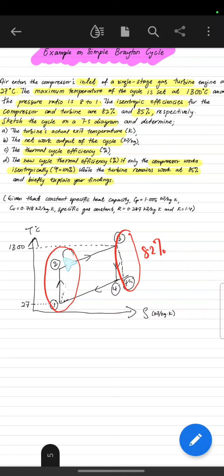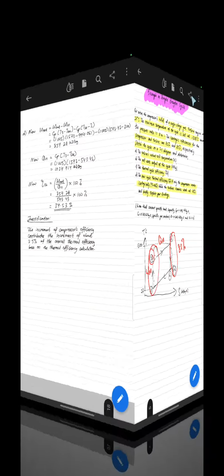So we are going to calculate what is your Q in, right? Your Q in is here, and also your work in by making use of the T2S value only. So let's have a look at how we are going to do that.